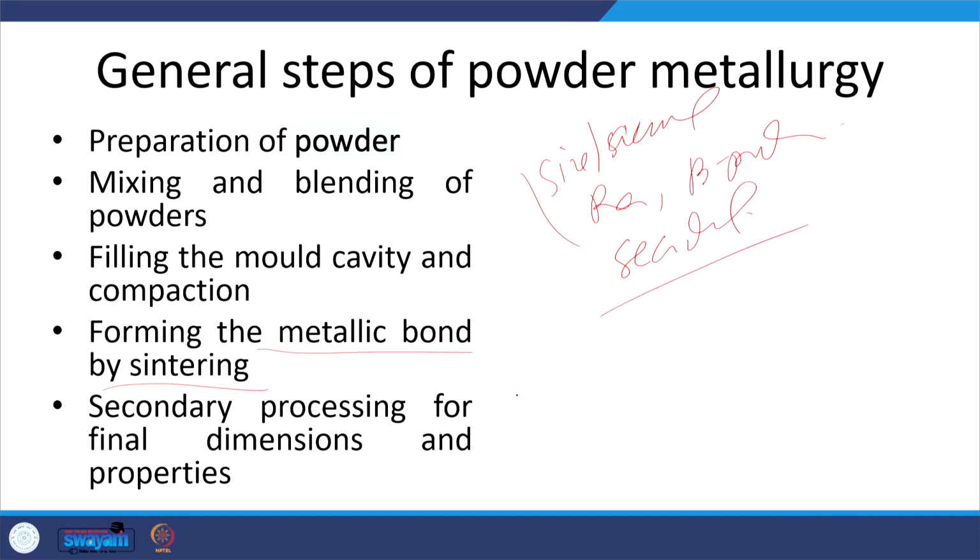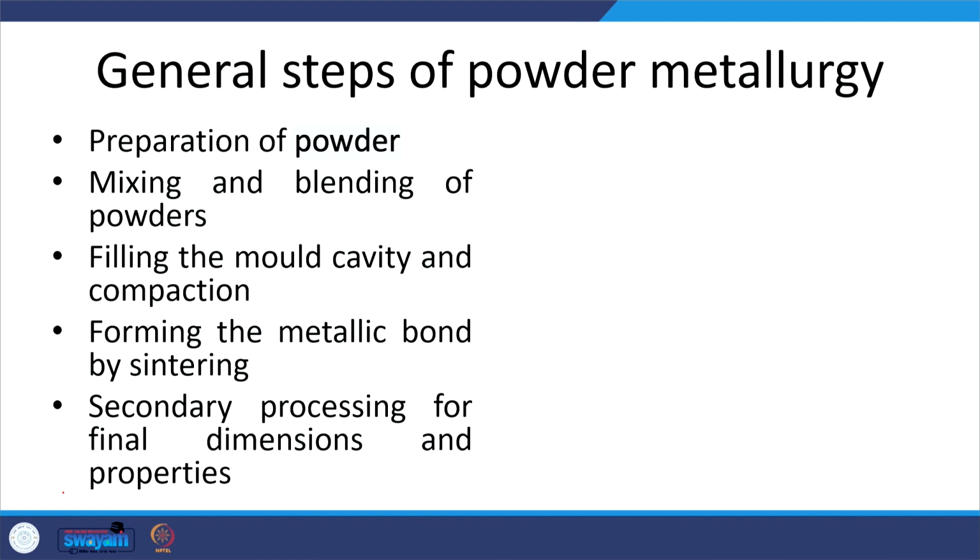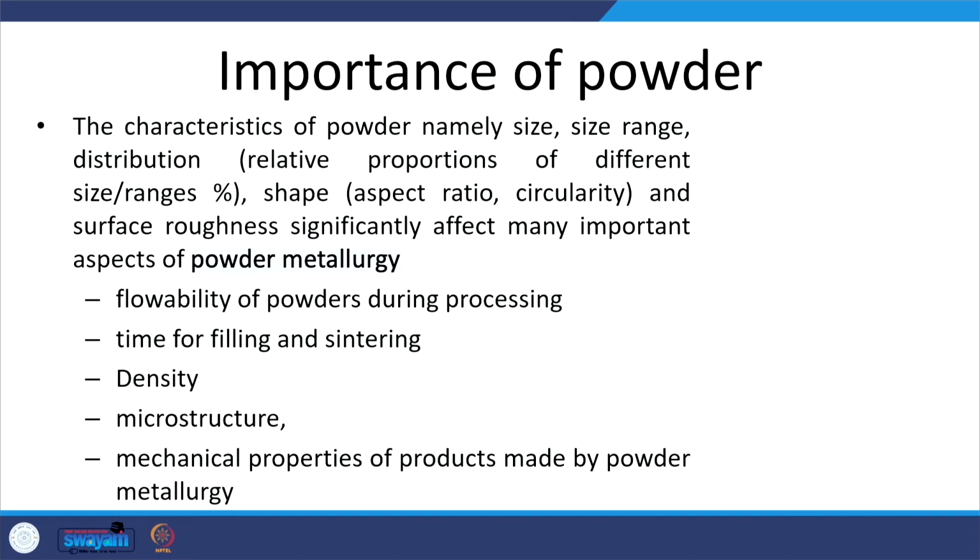So, there is infiltration, impregnation, sizing, coatings and heat treatment; multiple secondary processes can be done to achieve the specific set of properties in the product made by powder metallurgy.